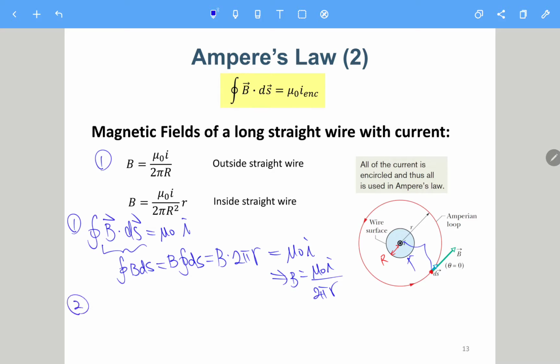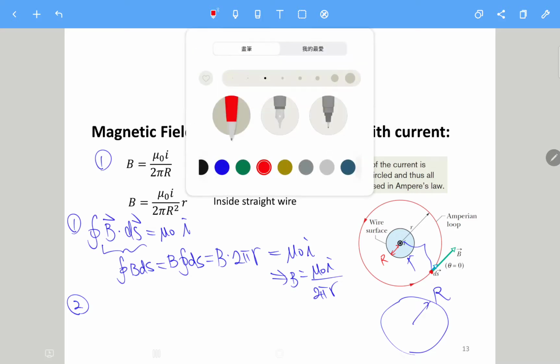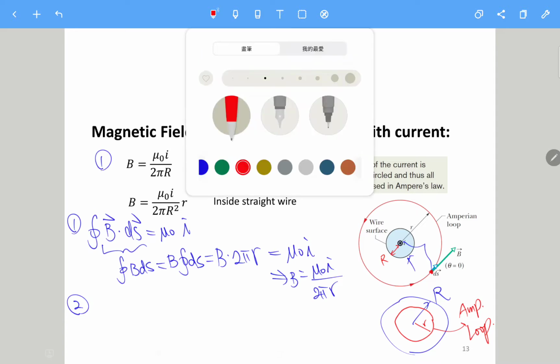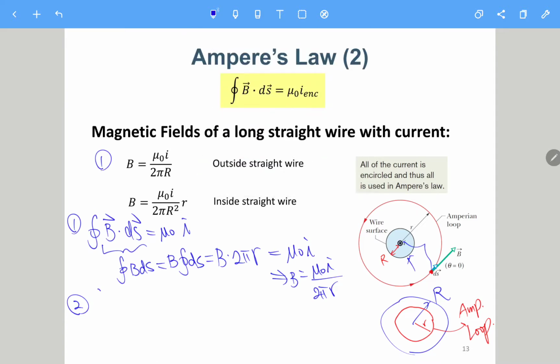And then for the second case, now we consider this is the wire, and this is capital R. We consider this Ampere loop, which has a smaller radius than the capital R. Now we consider Ampere's law, the integral of B dot ds equals mu 0 I enclosed.